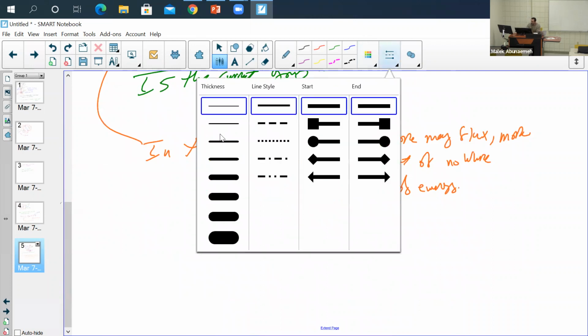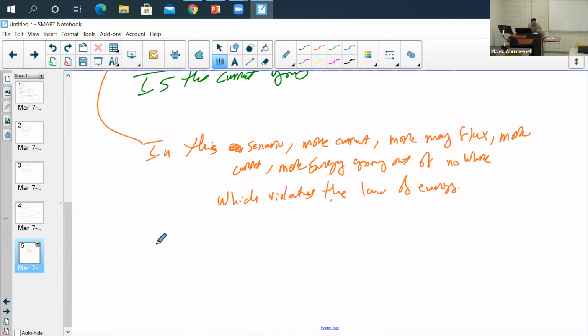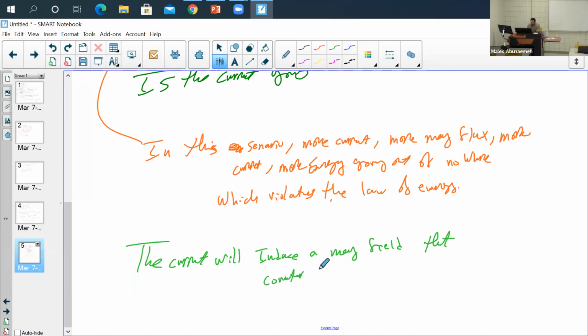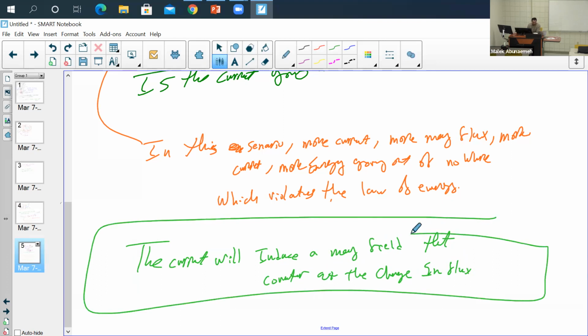Let's write down Lenz's law: the current will induce a magnetic field that counteracts the change in flux. And this is your Lenz's law.